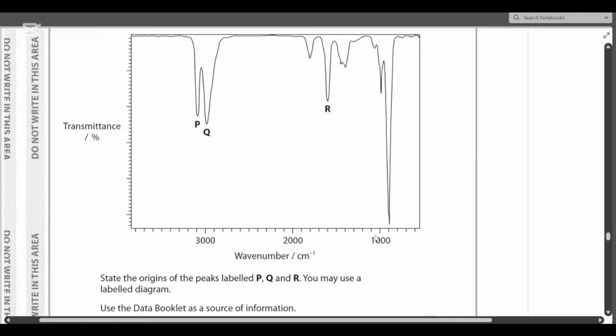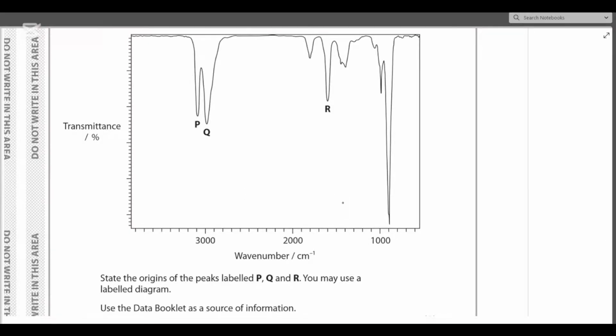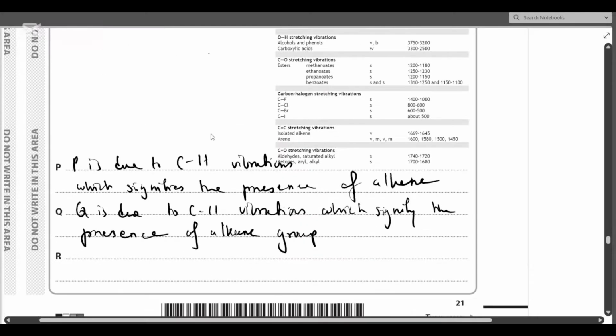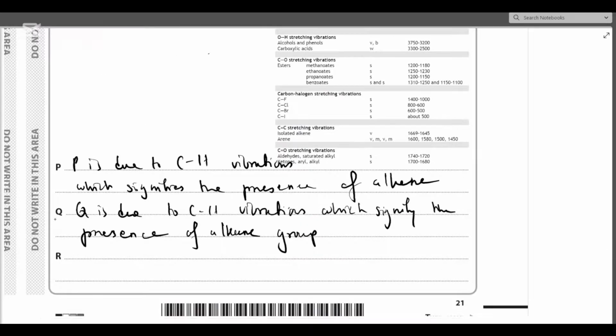And if I talk about R, where is R? R is within, you can say, between 1,600 and 700, again basically representing an alkene.